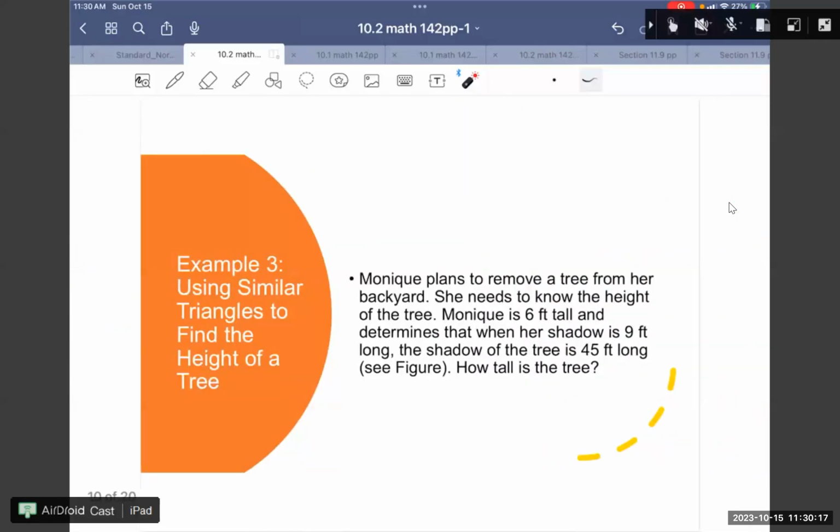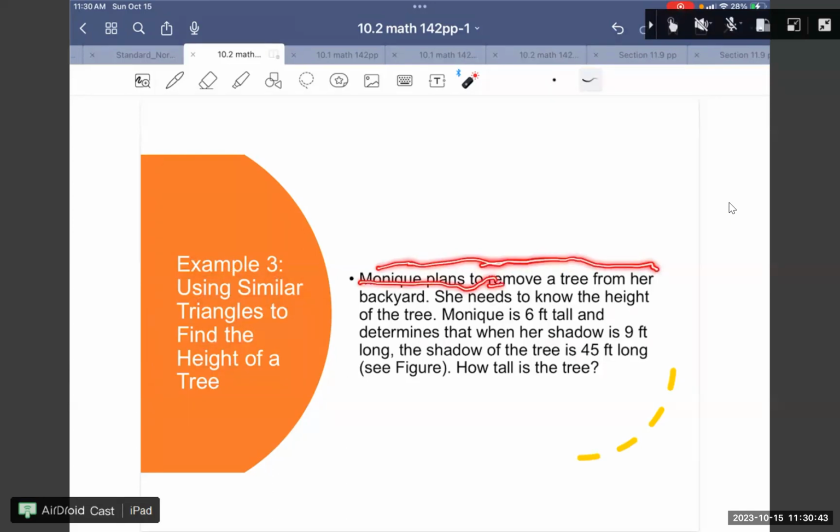Here is an example: using similar triangles to figure out the height of a tree. Monique planned to remove the tree from her backyard.